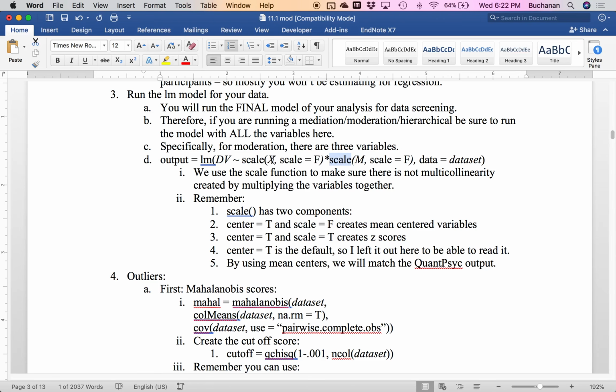Use scale equals false, and we're filling in X and M here. And so we're picking one of them to be the X variable and one of them to be the moderator. And that really does not matter, the order that you put them in, in this particular example. If you watch one of my other examples, it might, but you just need to put in both of the variables here. Okay. We're going to use the scale function because it's centering.